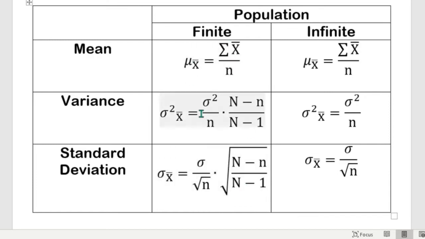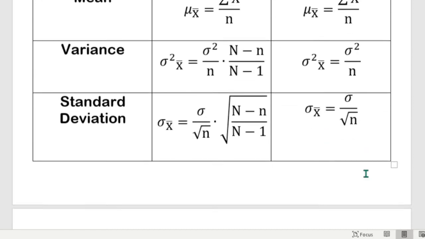That is for a finite population. Now, if we have an infinite population, the standard deviation of the sampling distribution of the sample means is simply the quotient between the population standard deviation and the square root of the sample size. Let us answer our problem using these formulas.